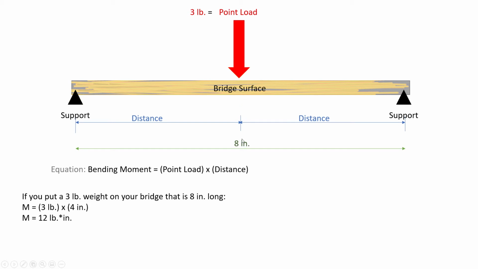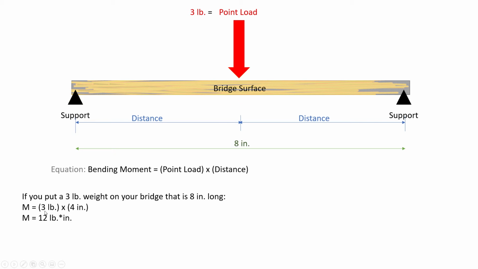So you have your 3-pound point load. Let's say your bridge was holding 3 pounds, and it was able to support your 3-pound weight on this bridge. If you want to find the moment, you put your 3 pounds multiplied by the 4 inches, because the distance is the distance from your support to the load.